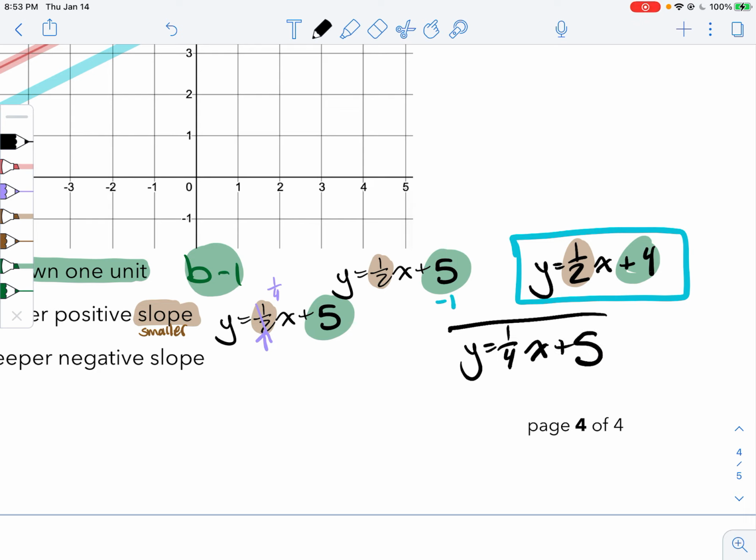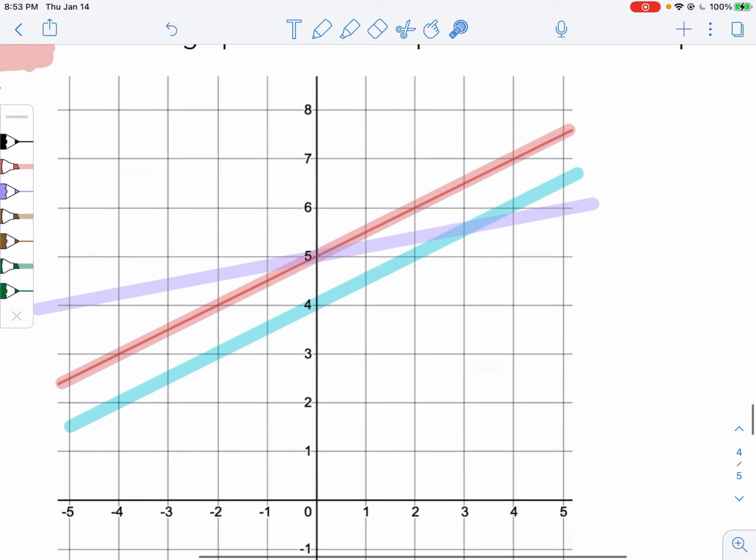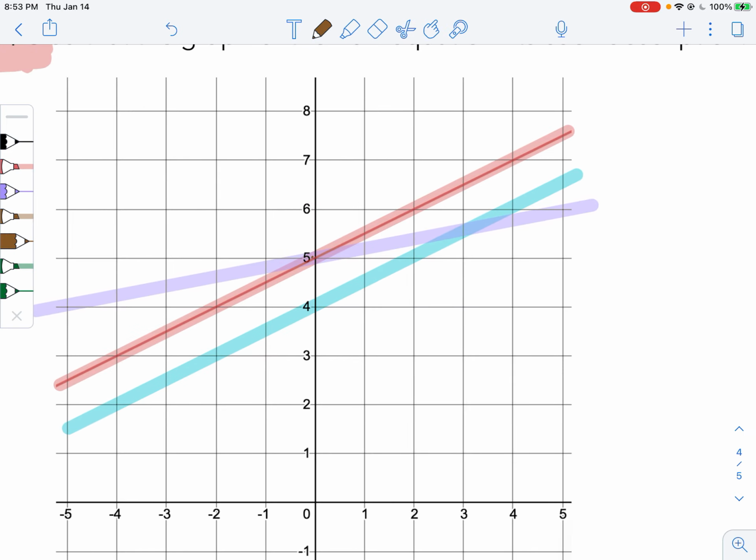We're keeping our y-intercept the same, and we're only changing our slope. So let's see if our graph matches our equation. Are we still at our y-intercept of 5? We are. Is our slope at 1/4? Oh, it's not. We need to go up 1/4. Where's 4? Here. 1/4 like that. So we need to adjust it a little bit that way. There we go.